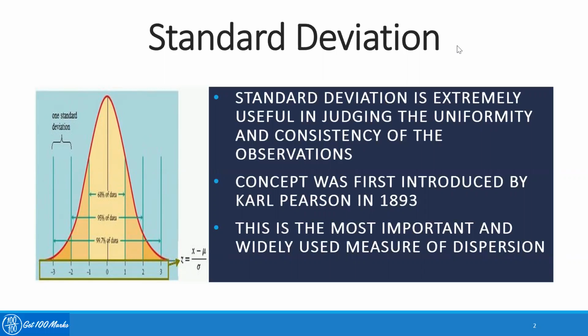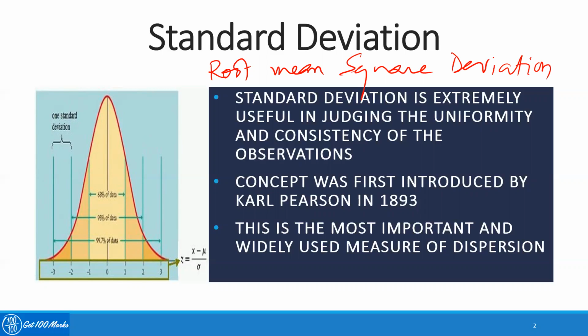So, the other name of standard deviation is root mean square deviation. Let's understand the meaning of that and why standard deviation is called root mean square deviation.